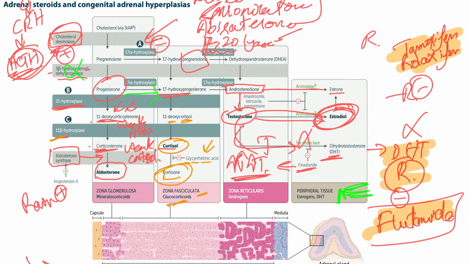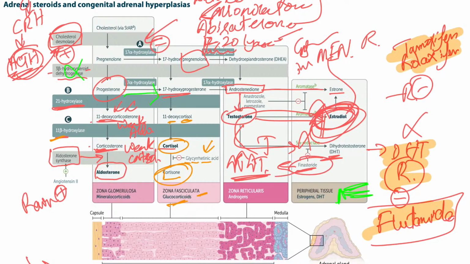So indirectly, you're just increasing estradiol levels. And if you recall, we talked about how an increase in estradiol is going to cause gynecomastia in men. So one of the adverse effects of finasteride is going to be gynecomastia in men.